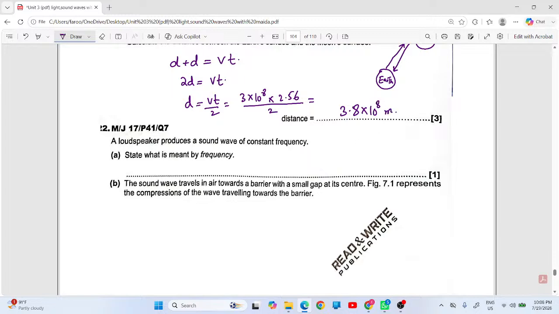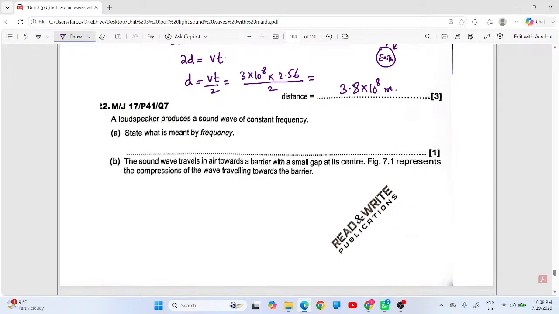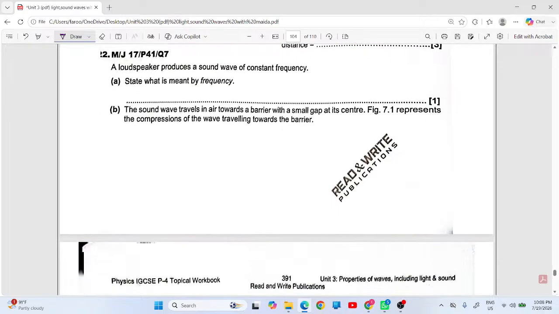Next, a loudspeaker produces a sound wave of constant frequency. What is meant by frequency?